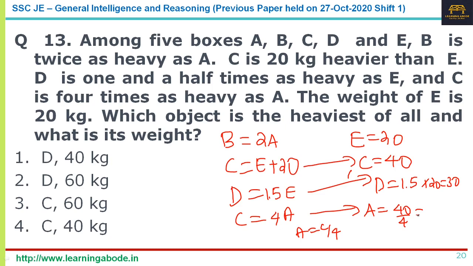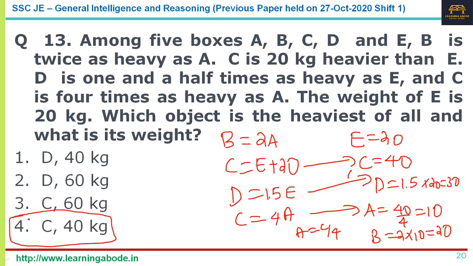Now the question is, which object is heaviest of all and what is the weight? A is 10, B is 20, C is 40, D is 30, and E is 20. So among the given objects, C is the heaviest. That's answer option 4, 40 kg. C is the heaviest, and the weight is 40 kg.